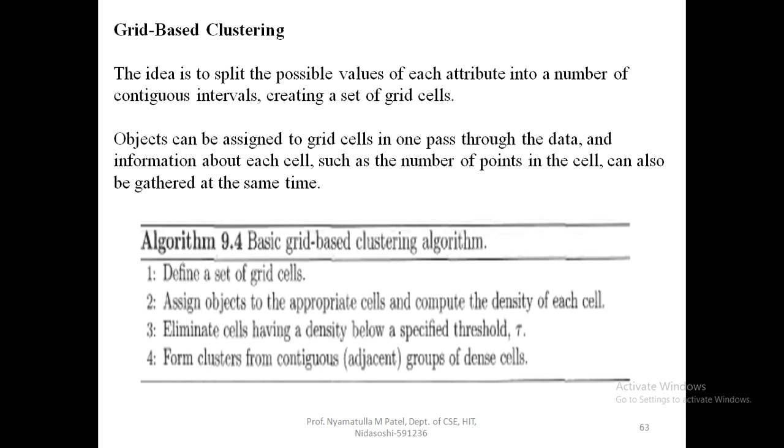So, instead of forming clusters directly, in this approach we are forming the grid cells. Different objects, after splitting based on their attribute values, will be assigned to one of the grid cells in one pass. Information about each cell, such as the number of points in the cell, can also be gathered at the same time.